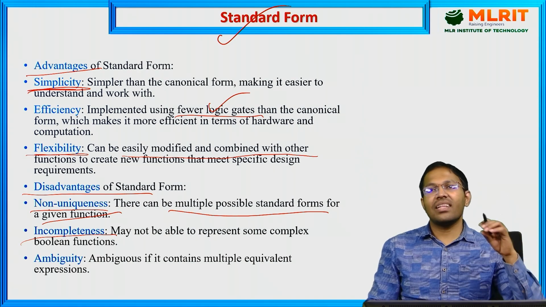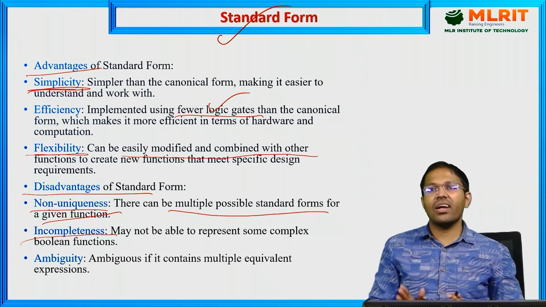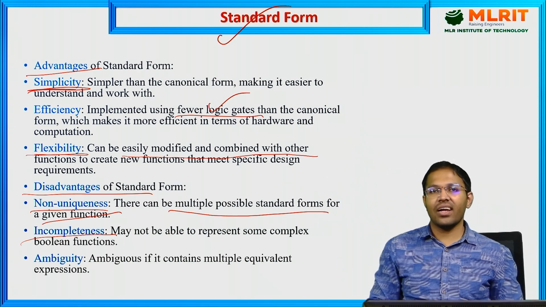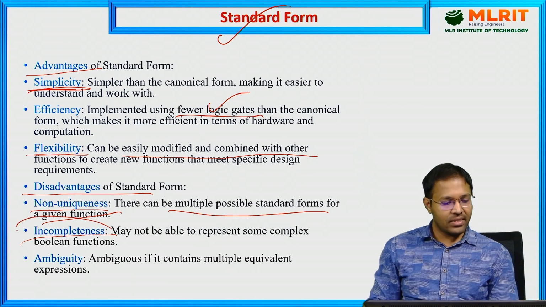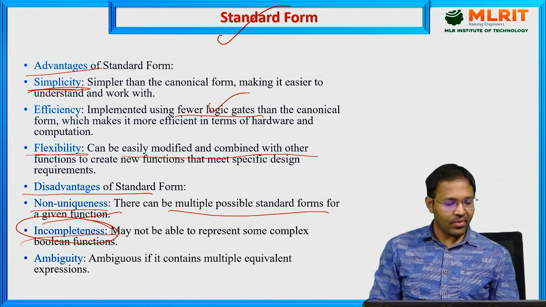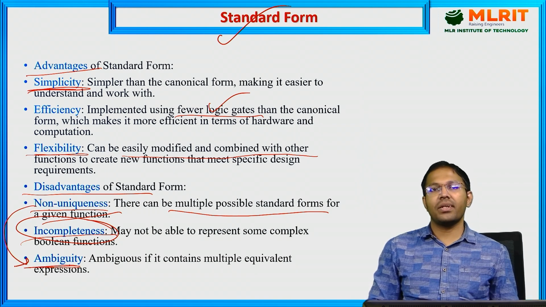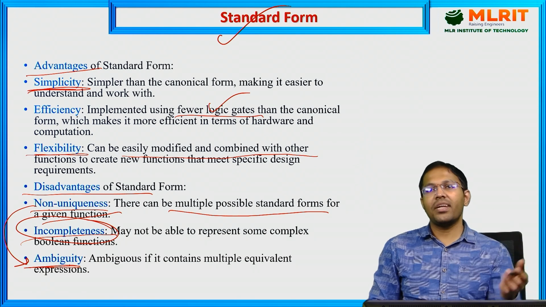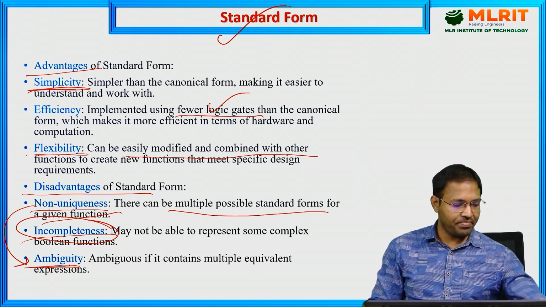The final result itself is in canonical form and no further reductions are possible. Hence, you may not get complete answers. And ambiguity, non-uniqueness is nothing but ambiguity. You can get multiple expressions for the same function.